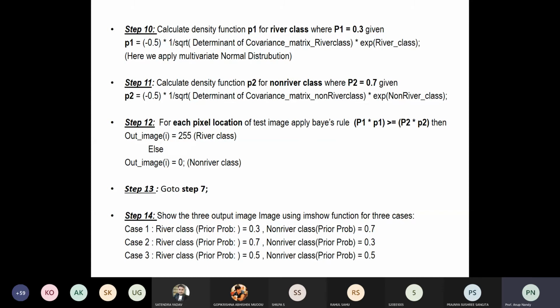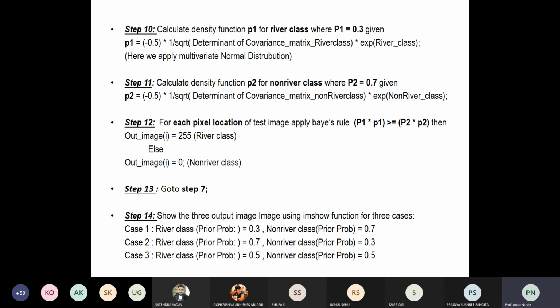You will have some density values. Capital Pi is a probability value, and small pi is a density value. It may be within the range of 0 to 1, or it may be above 1. Now when the condition is satisfied, then for this pixel location, because ultimately you need to print a 512 into 512 image, isn't it?